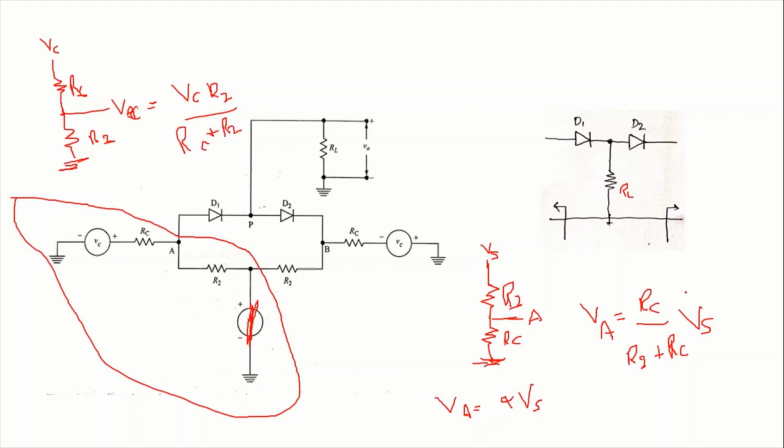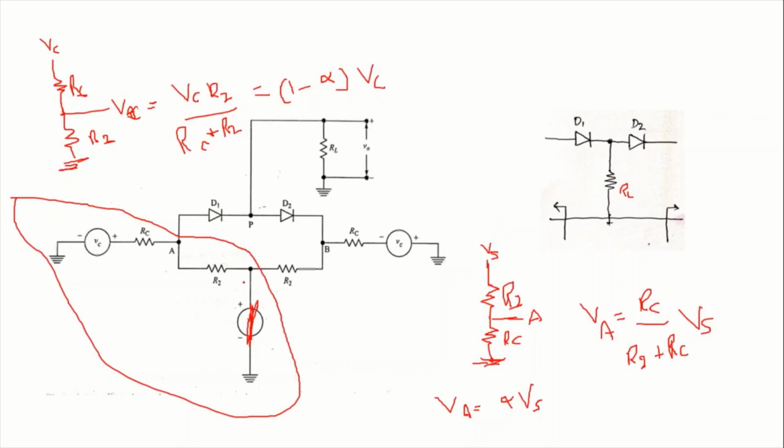Replacing RC by R2 plus RC with alpha, it can be written as 1 minus alpha into Vc, where alpha equals RC by R2 plus RC. These are the Thevenin voltages available at this point.